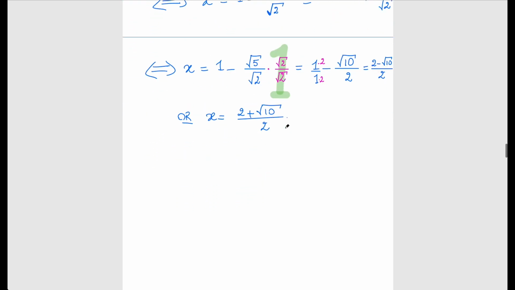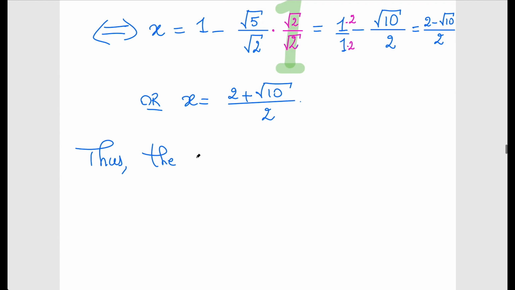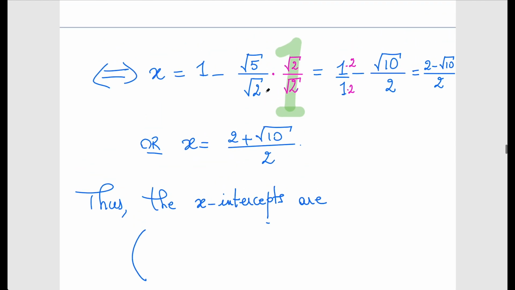Okay, so what are the x-intercepts then? Thus, the x-intercepts are, either you use those x's or the ones I had.